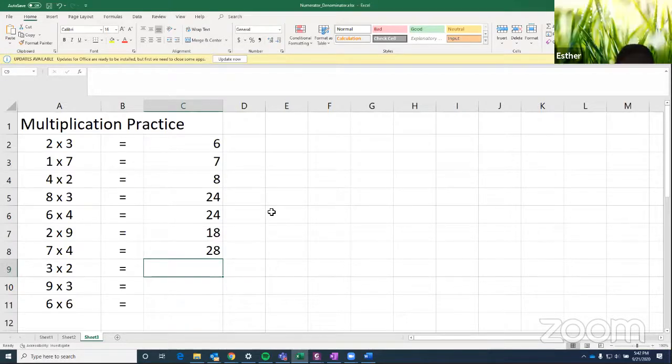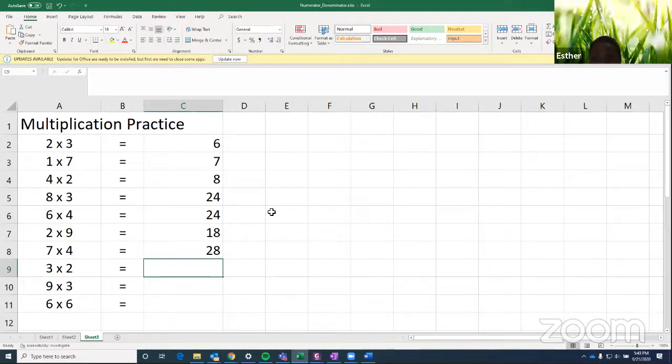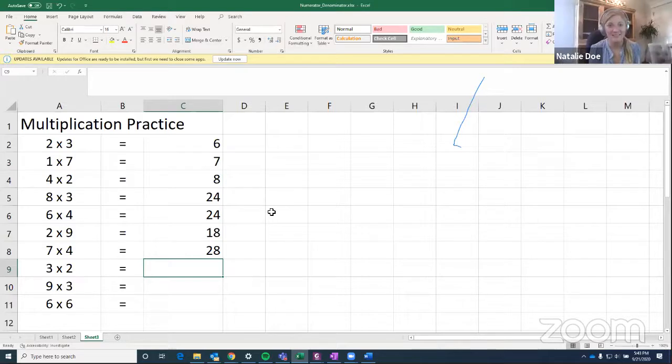And Falar, are you there? Miss Natalie, is it raining where you are? Nope, it's not. It's nice out. Is it raining where you are? Yeah. Oh, yeah. So you guys are in Houston. I live in Chicago. I used to live in Houston. I liked it. But now I'm up in Chicago.